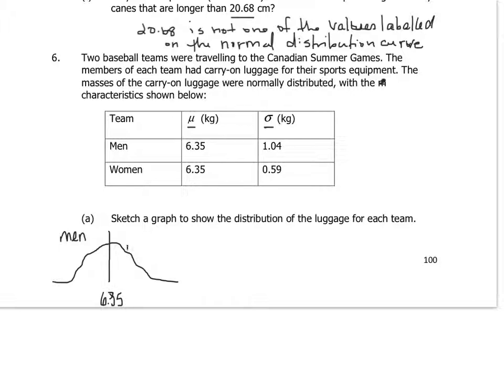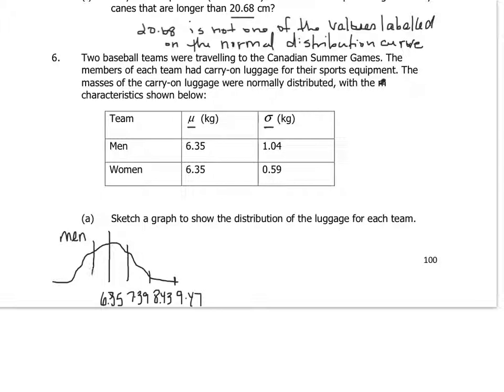and then standard deviation of 1.04, so the next one would be 6.35 plus 1.04, or 7.39, and the next one would be plus 1.04 again, 8.43, and the third one would be plus 1.04, 9.47.